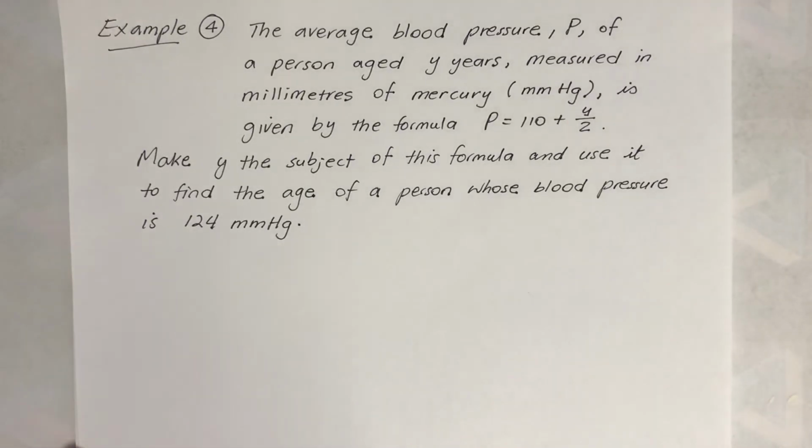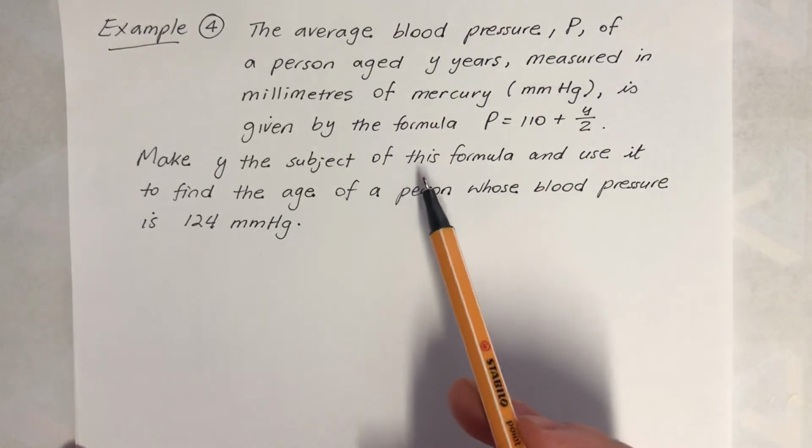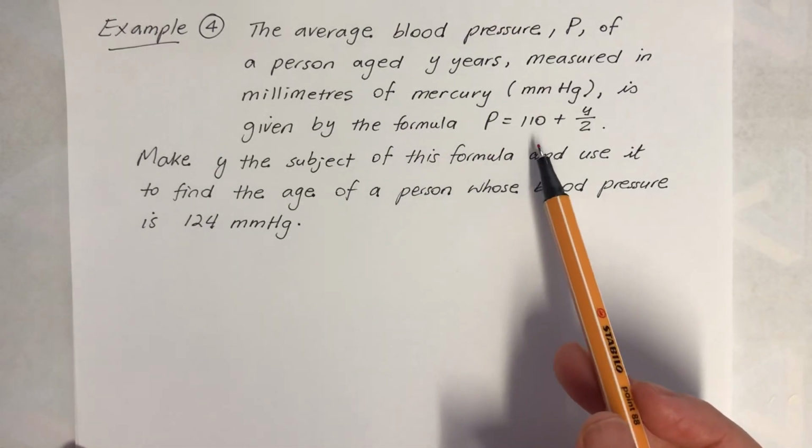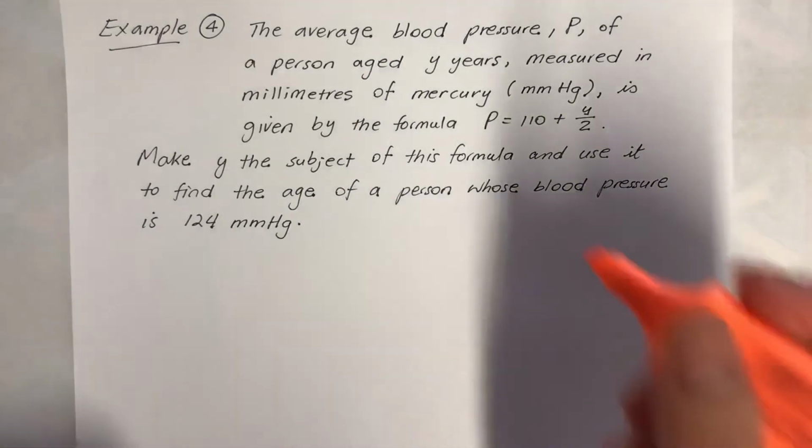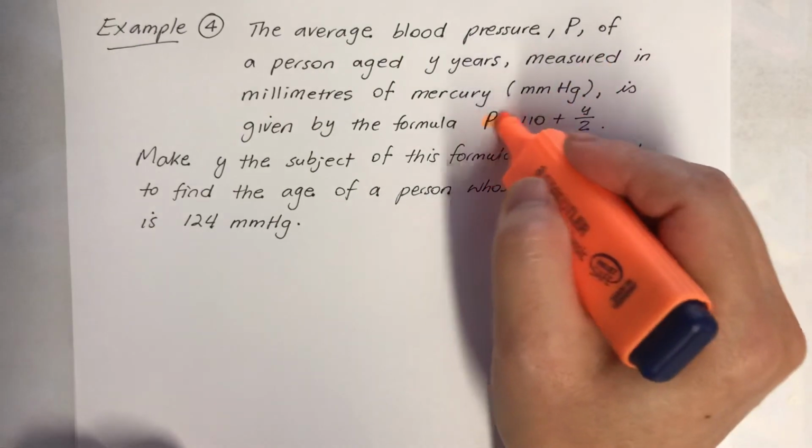The average blood pressure, P, of a person aged Y years, measured in millimeters of mercury, is given by the formula P equals 110 plus Y over 2. So I'm just going to highlight that.